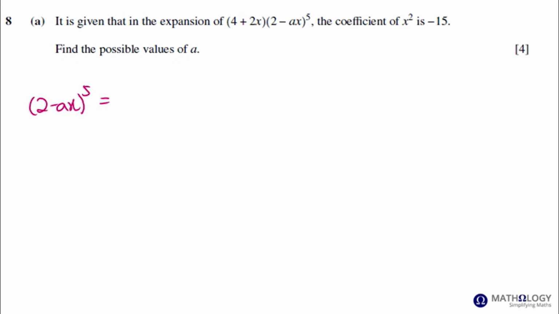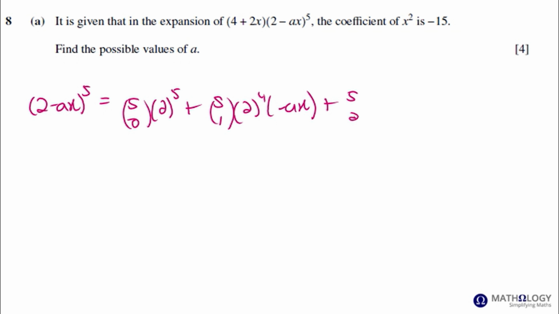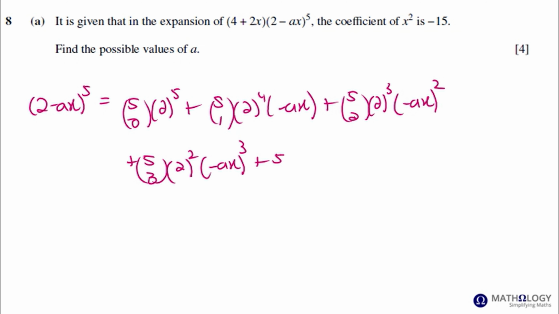So (2 − ax)^5 is 5 choose 0 times 2 to the 5, plus 5 choose 1 times 2 to the 4 times (−ax), plus 5 choose 2 times 2 cubed times (−ax) squared, plus 5 choose 3 times 2 squared times (−ax) cubed, plus 5 choose 4 times 2 to the 1 times (−ax) to the 4, plus 5 choose 5 times (−ax) to the 5.